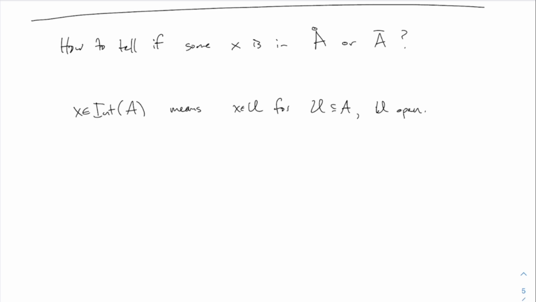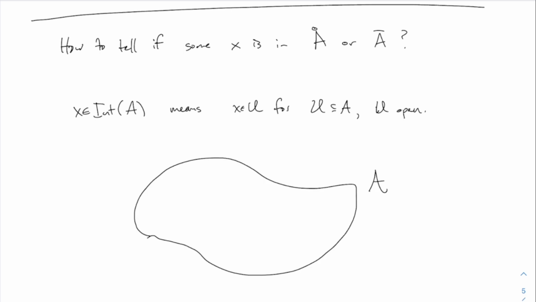I don't know if that looks complicated the way I wrote it, but actually this is a very simple way to think about what it means to be in the interior is what I meant to say. So if I have a set A like this, and I have some point X, how can you tell if X is in the interior or not?